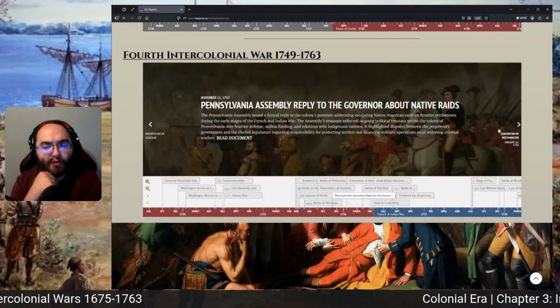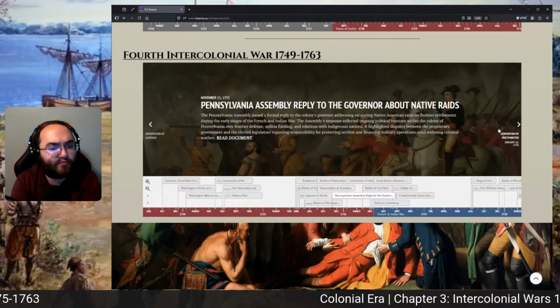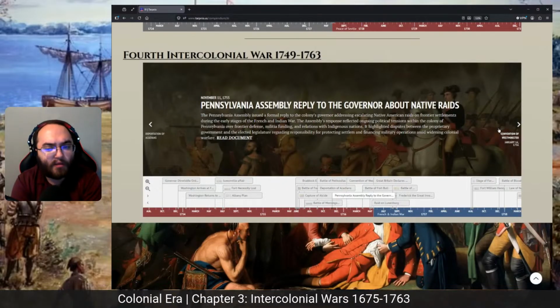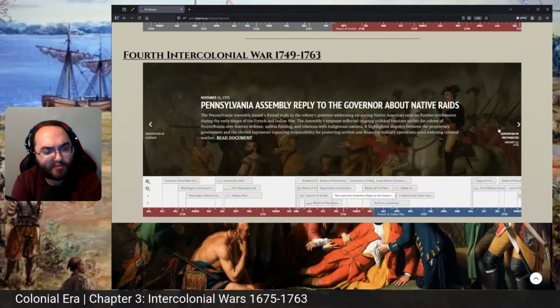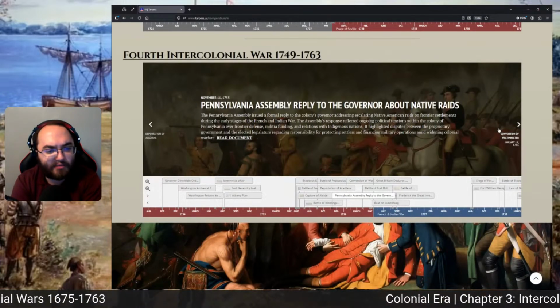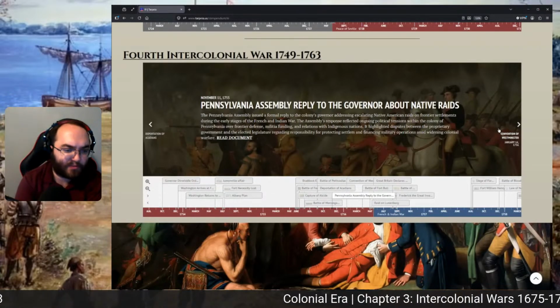A very similar thing happened with Bacon's Rebellion in Virginia, where you had some native fighting, especially against the frontiersmen, and Bacon's Rebellion was happening at the same time as King Philip's War.